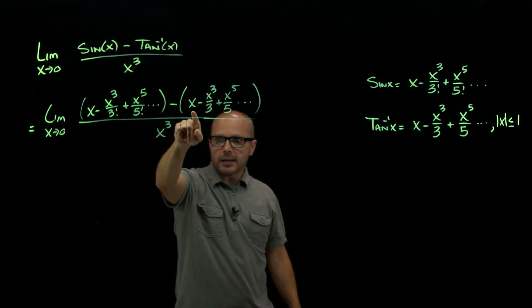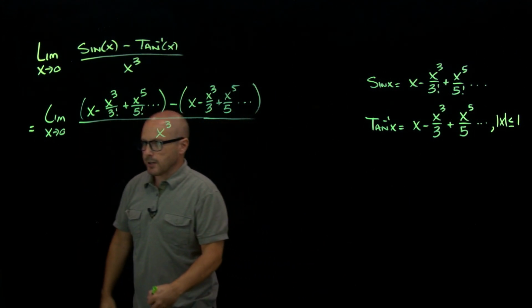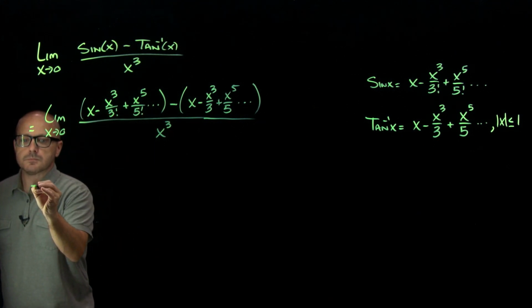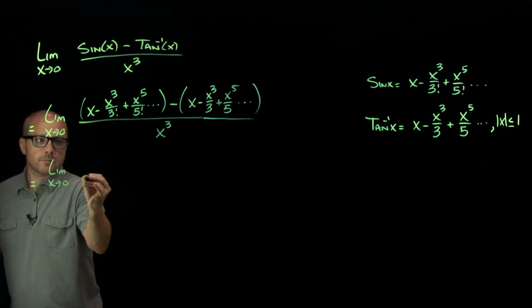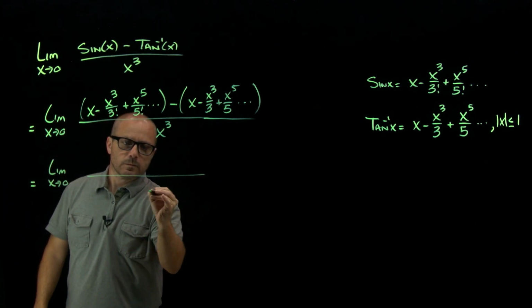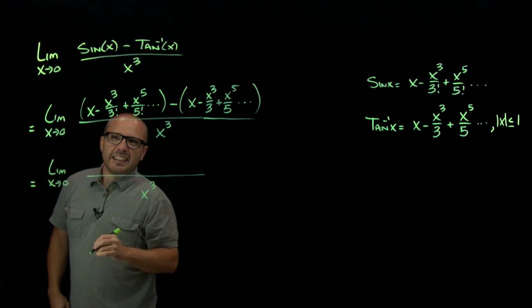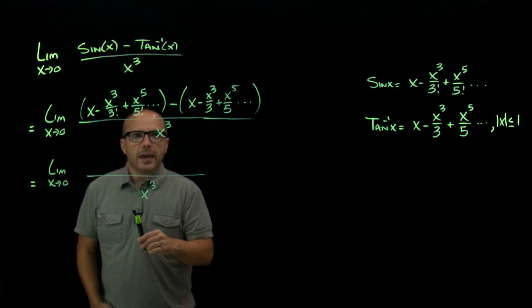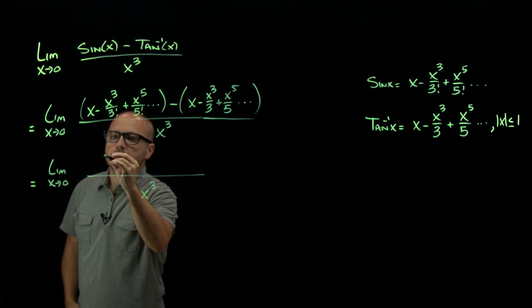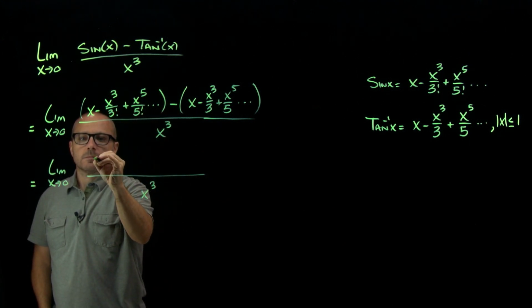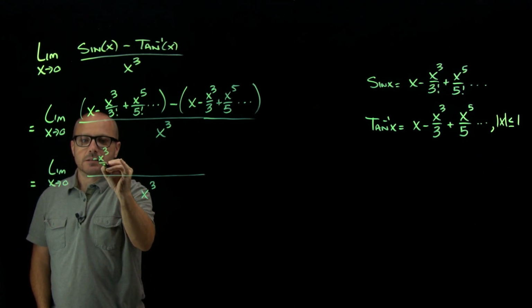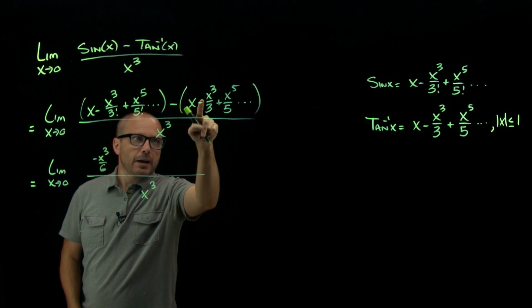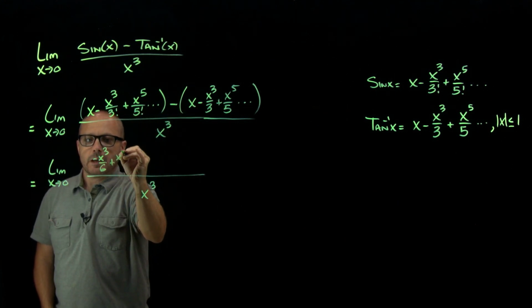Now let's just go through and see how these guys cancel. I've got x minus x, so the first degree term is gone. Then I've got negative x cubed over 6 minus a minus, so plus x cubed over 3.